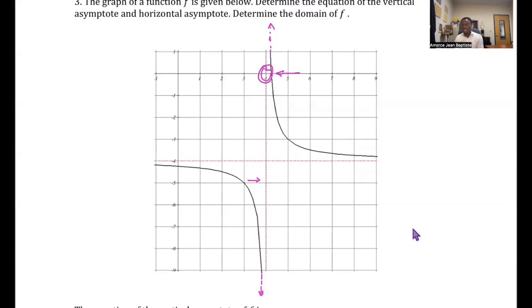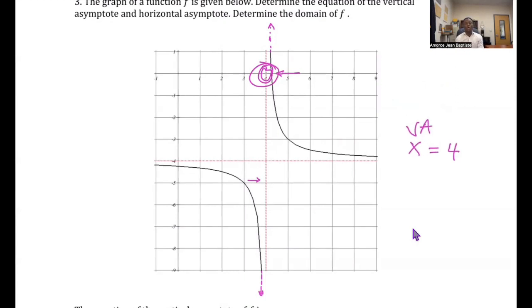It will never touch it, but when x is getting closer and closer to the value 4, we see that the graph goes up or down indefinitely. So that makes x equals 4 the equation of your vertical asymptote.